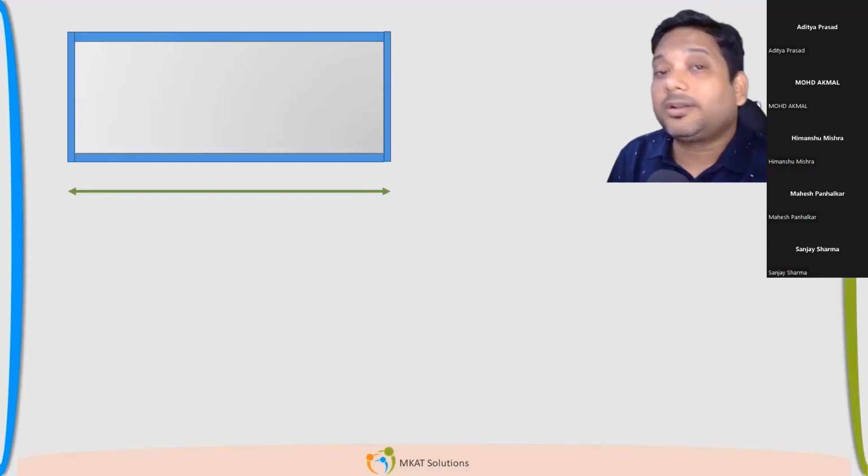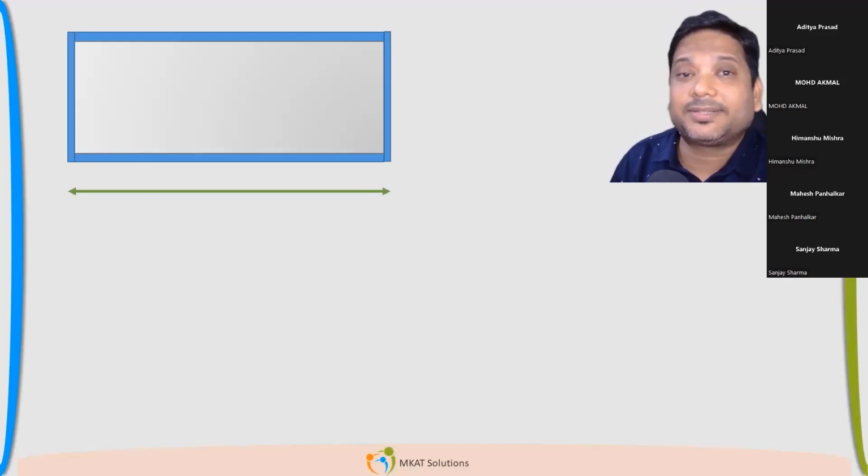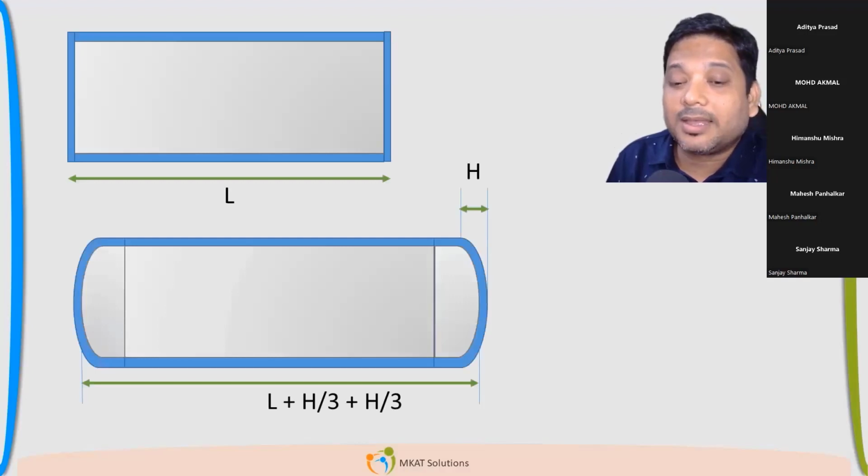But this is not the vessel you generally get, right? We get dishends at both the ends. Now in dishends, there is always confusion, right? Because which point exactly I need to take as the end? Here it is very clear. It's completely straight, right? So I take this part.